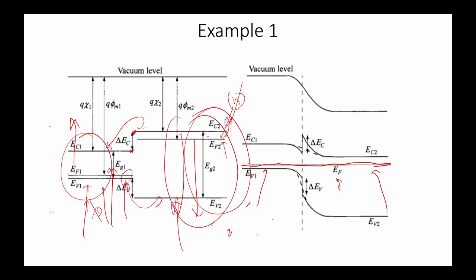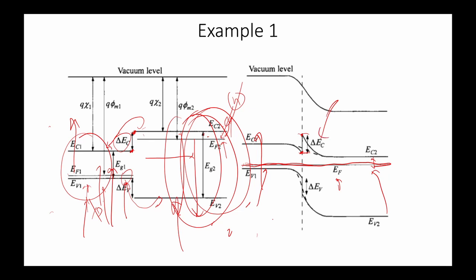First we will look at the conduction band only. This moves up, keeping this point constant, and this moves down, keeping this point constant. The difference between these two far away from the junction will be the same as it was before. So this gap, delta Ec, will be the same after the junction too. This is the conduction band offset.